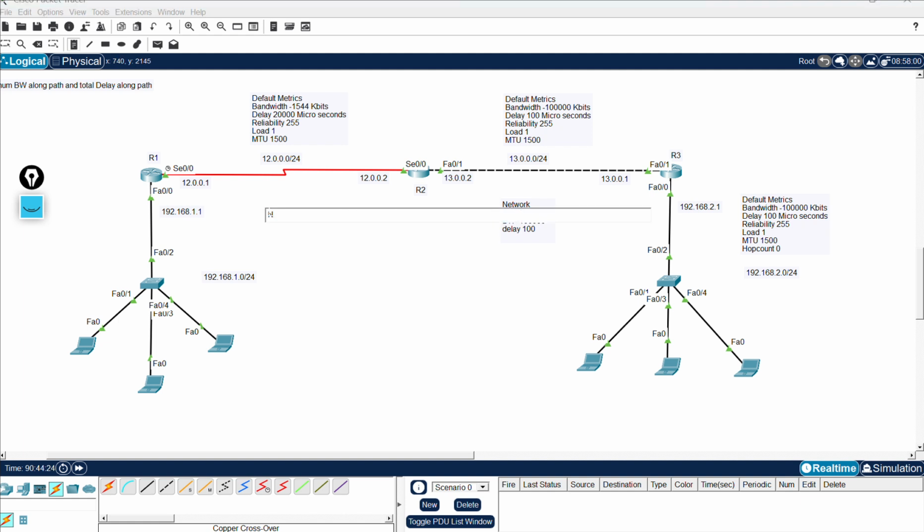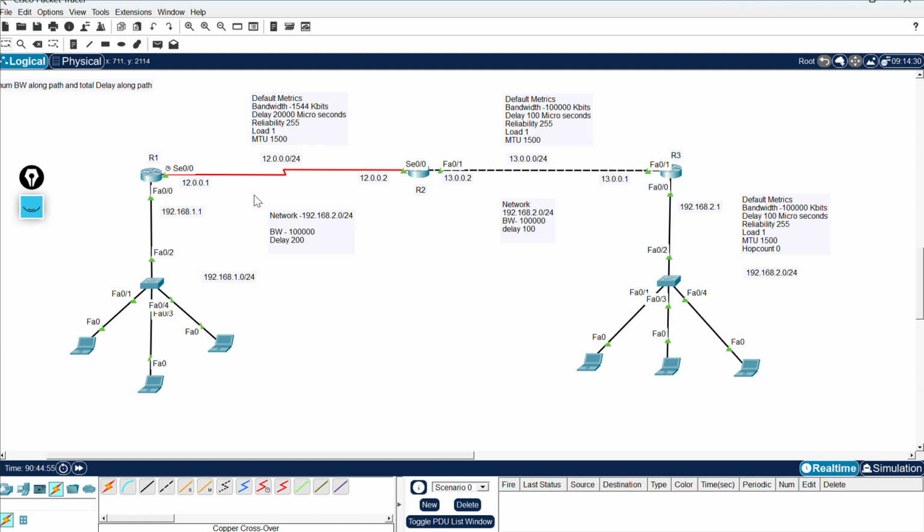Again, R2 will advertise the 192.168.2.0/24 network to R1. Bandwidth is 100 Mbps, delay is 200. When R1 receives this update, R1 will compare the bandwidth with its interface. For the Serial 0/0 interface, the bandwidth is 1544 kilobits, which means 1.5 Mbps.